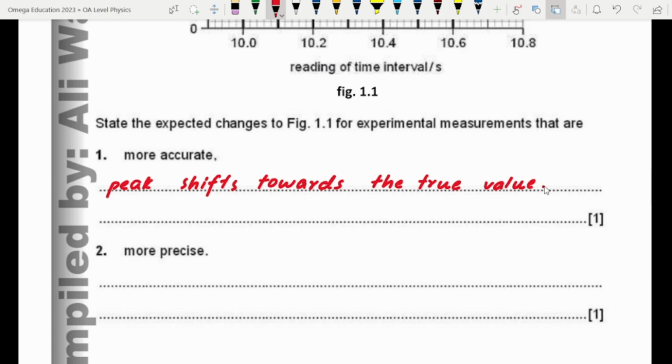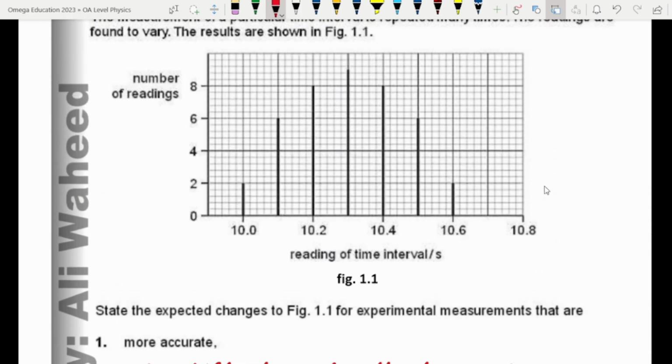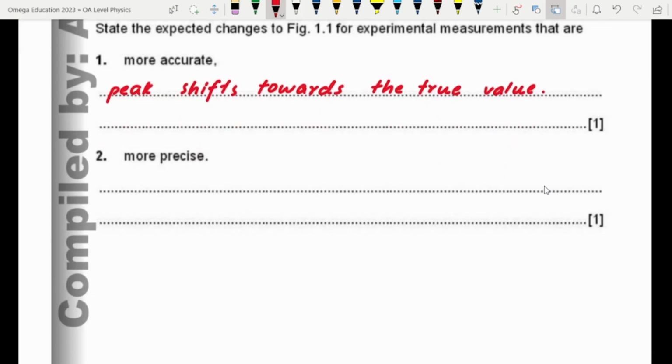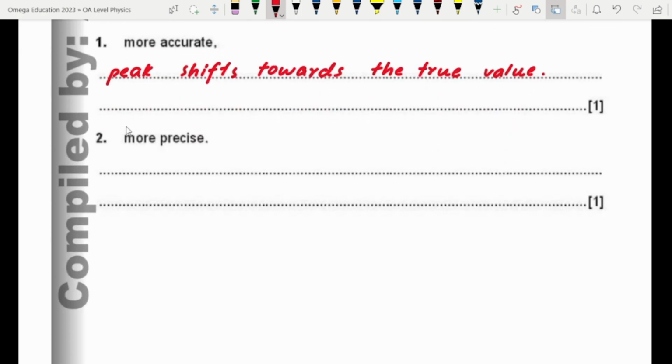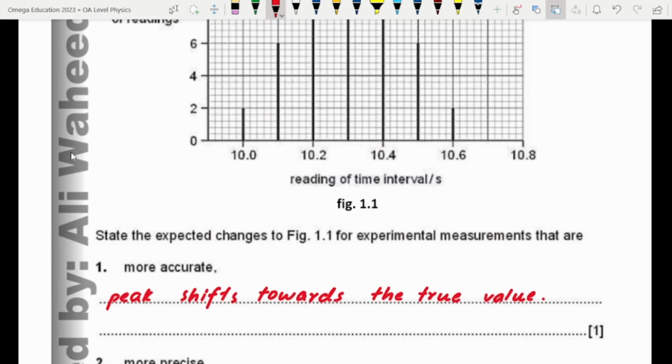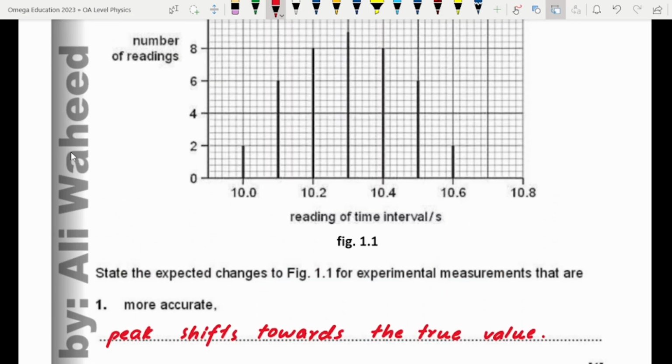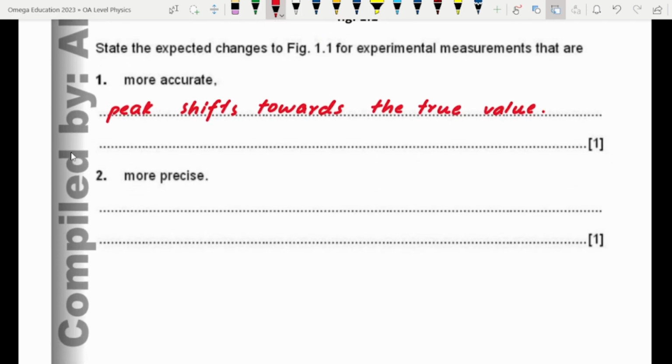for more precision, once again the thing was precision in the graph is represented by the width of the graph. So the more the width, the less the precision, because that tells you the values are very far away from one another. And in order to increase the precision, the values have to be close to one another. So the values here are represented by the lines or by the bars. So we can say the bars have to be close to one another.